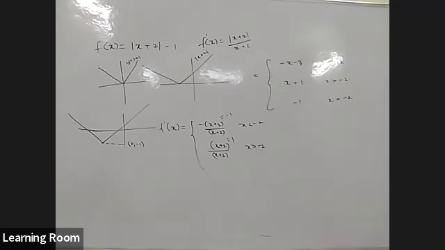Find the maximum of sin 2x plus 5. Differentiate: cos 2x into 2.